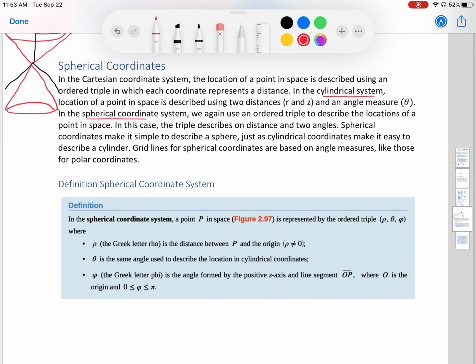In the spherical coordinate system, we again use the ordered triple to describe the location of a point in space. In this case, a triple of the distance and two angles. The spherical coordinates make it simple to describe a sphere, just as cylindrical coordinates make it easy to describe a cylinder. Grid lines on spherical coordinates are based on the angle measures like those in polar coordinates.